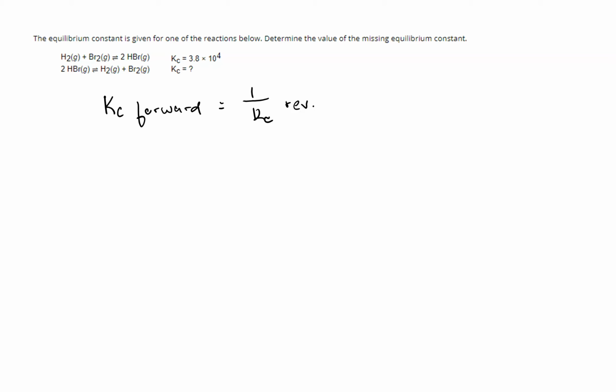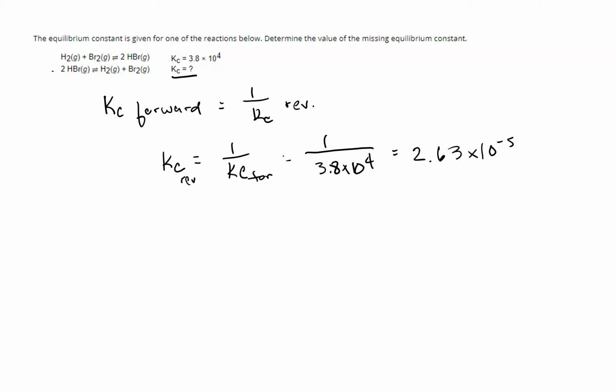So in this case, if we want to know the equilibrium constant for what we'll designate the reverse reaction, because it's second, we can just say Kc for that second reaction is going to be 1 over Kc forward, 1 over 3.8 times 10 to the fourth, and that should give us a small value, let's see, 2.63 times 10 to the negative fifth.